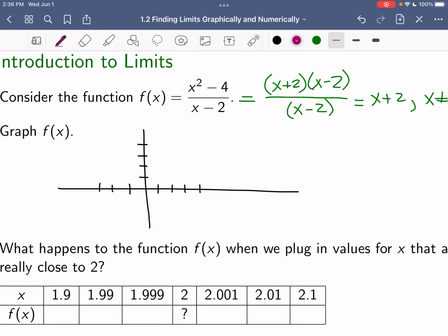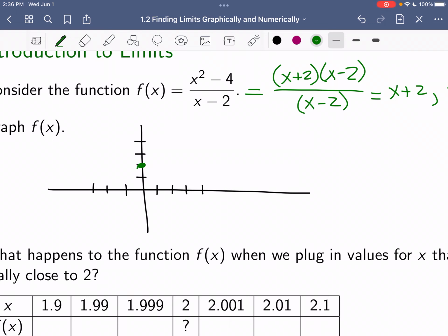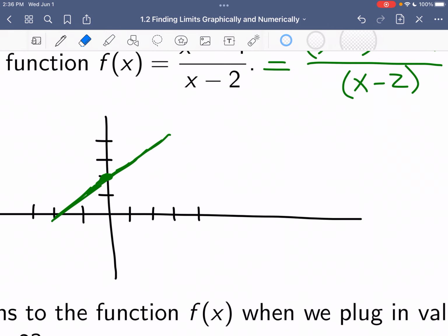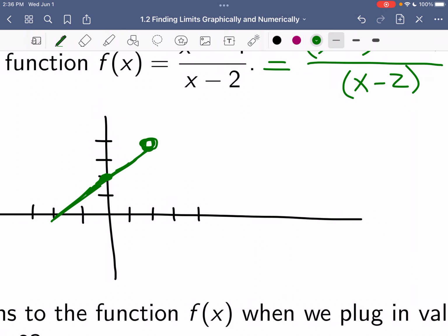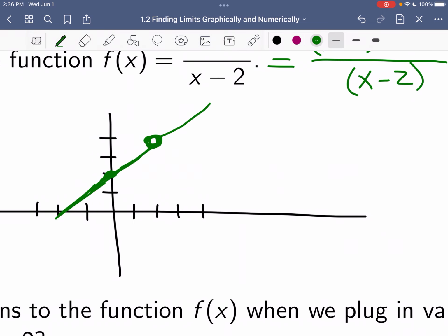If we were to graph that, it has a y-intercept of 2 and a slope of 1, except for right at 2 itself, we have this hole in the graph. Right? It's not defined when x is equal to 2. And so our graph looks something like this.